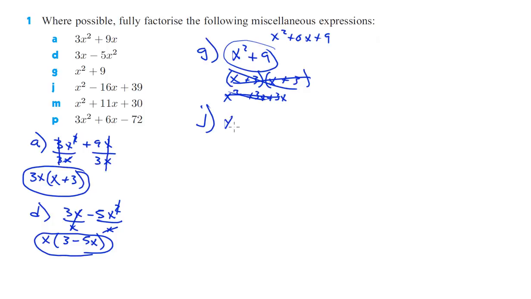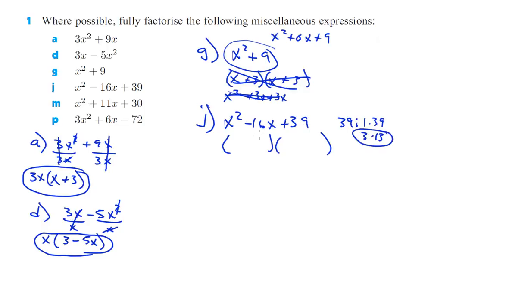J is x squared minus 16x plus 39. So let's see, factors of 39 are 1 times 39, 3 times 13. Are there any more? I don't think there are. So do any of those factors add up to 16?